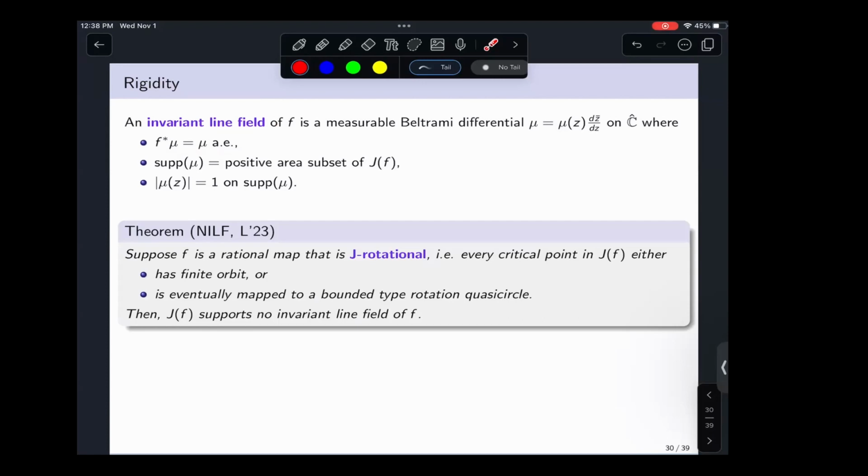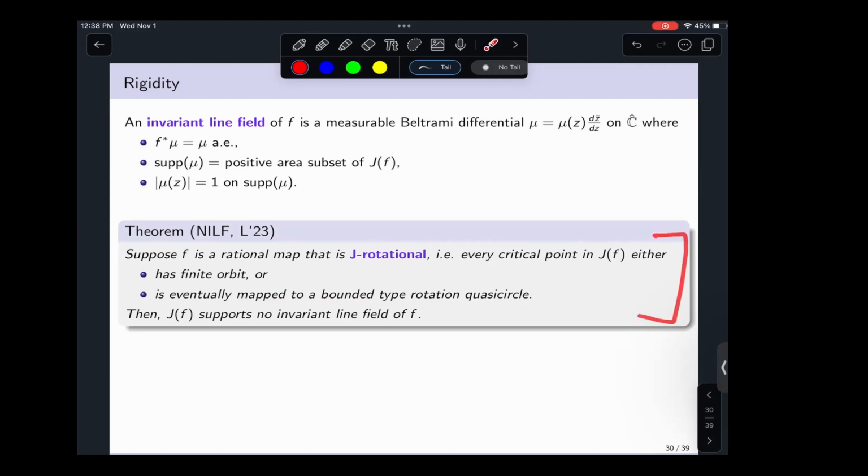This is what I call de-rotationality. What it means is that I look at the Julia set, I record the critical points on the Julia set, and I want to see what happens under iteration. I can allow them to have finite orbits. That's fine. And if they don't have finite orbits, I want to assume that it's eventually mapped to some bounded type rotation curve. I guess for some extra, I also want to assume that it's a quasicircle as well.